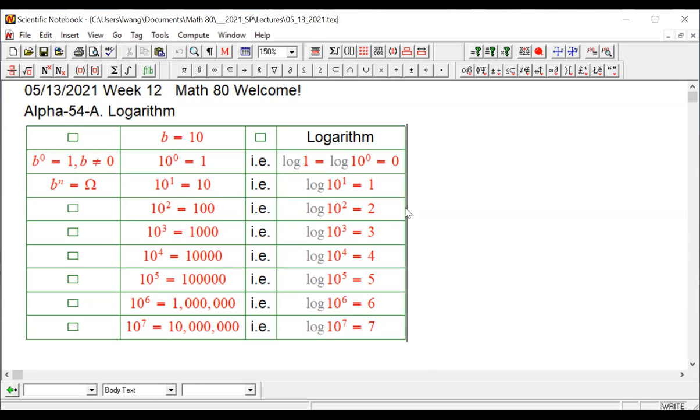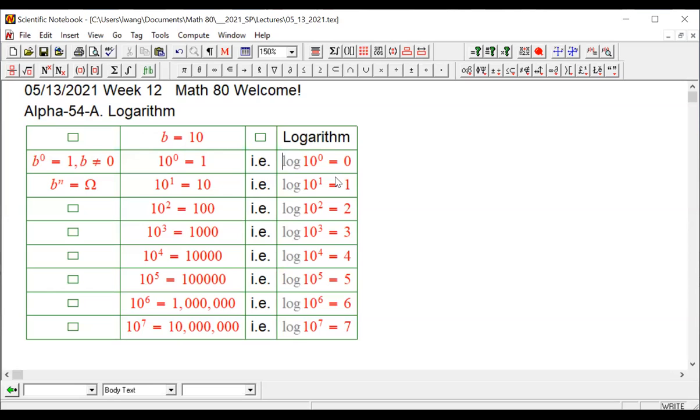Do we see the pattern? So what is the pattern? Common log implies the base is 10 by default. And the power we have here is 10 as well. So common log base is 10 and we have power 10.